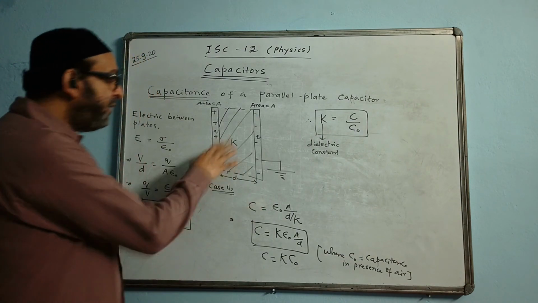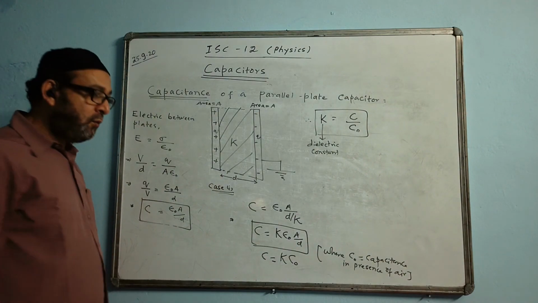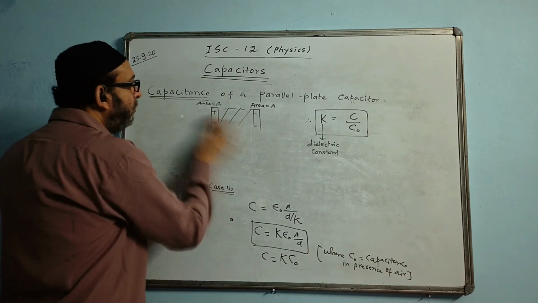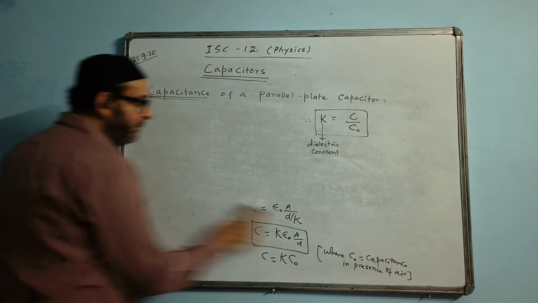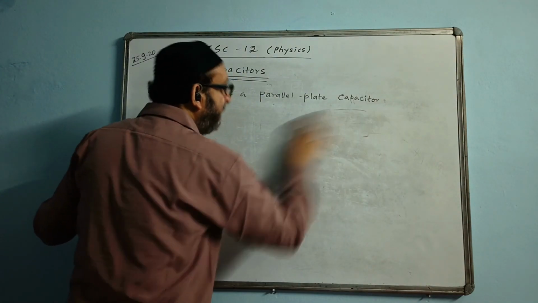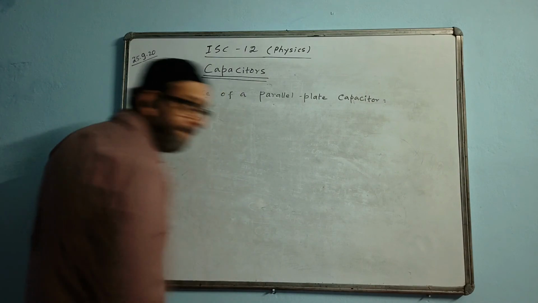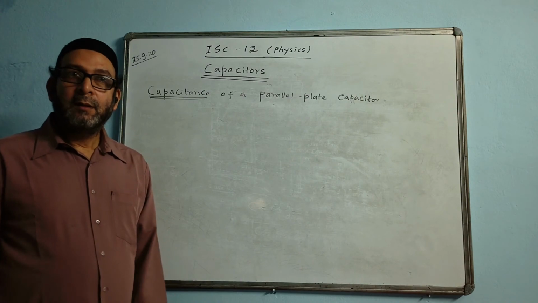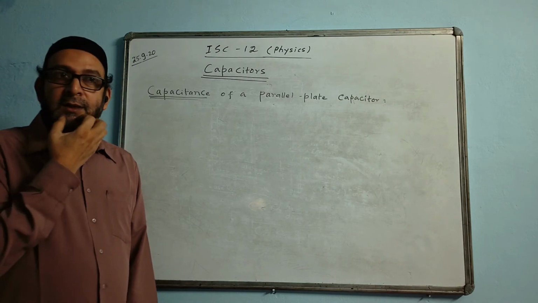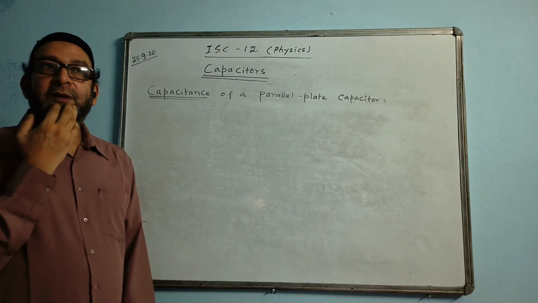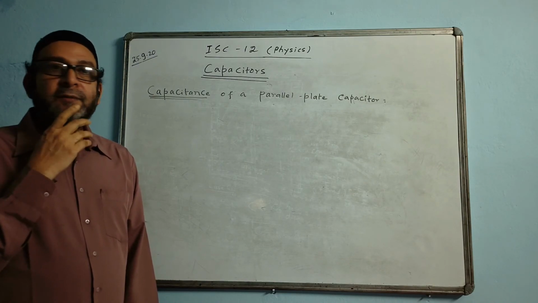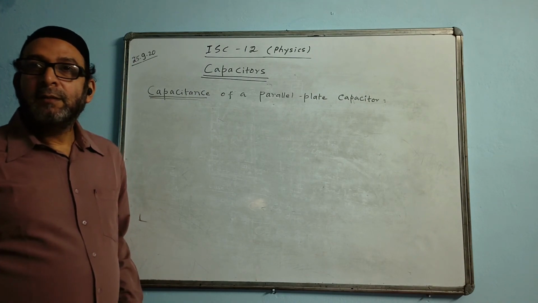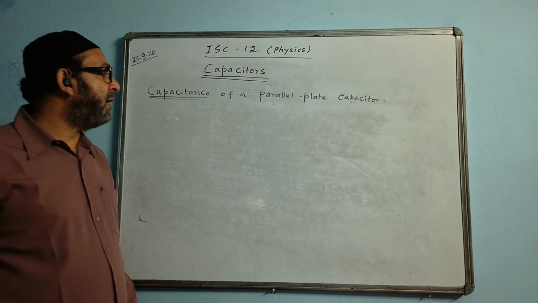So this is case number 1 we discussed. Now case 2, give the heading case 2, and the diagram will also change. For case 2, when the space between the plates is filled with multiple dielectrics.